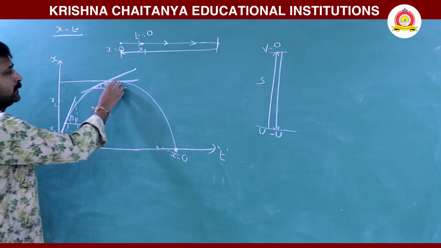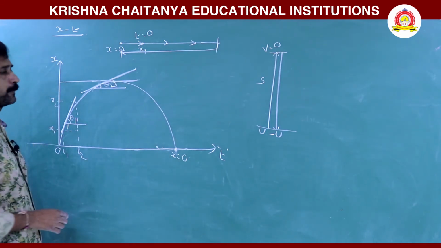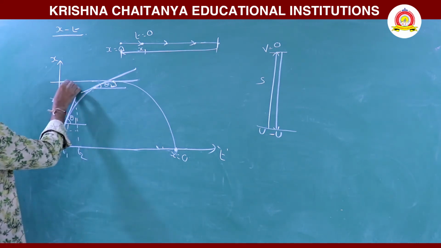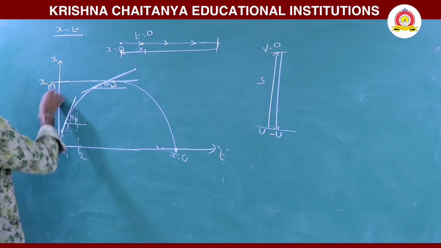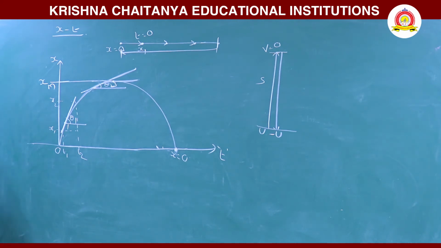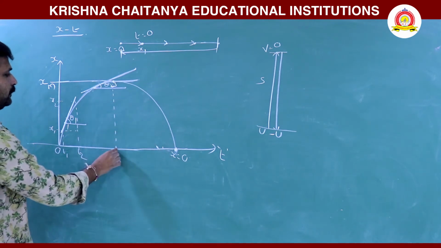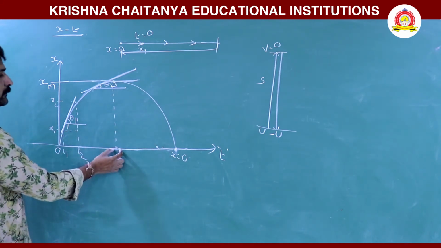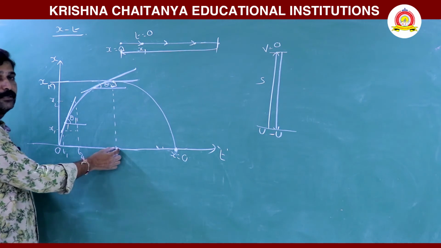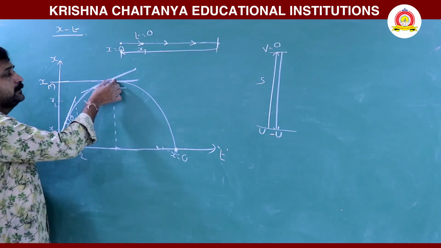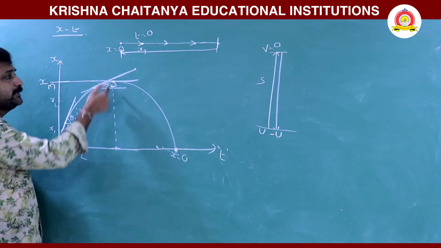So look at here. This is the origin on the y-axis, and here is the maximum position. So this is the displacement.